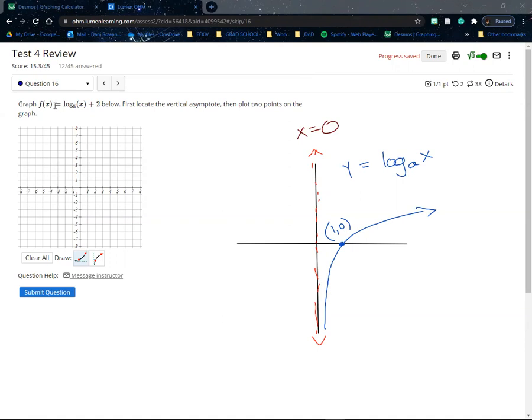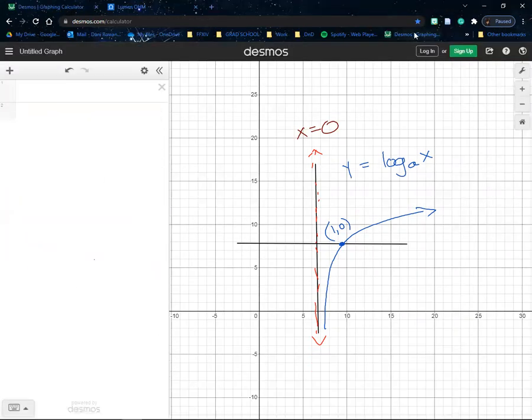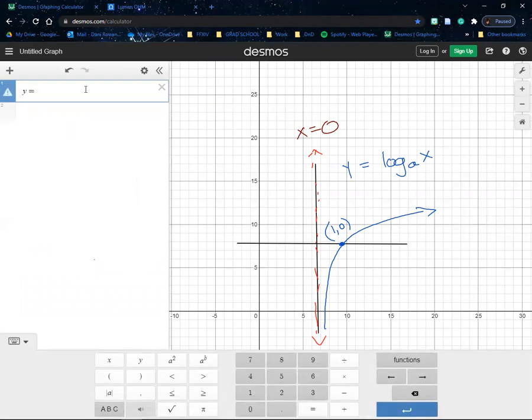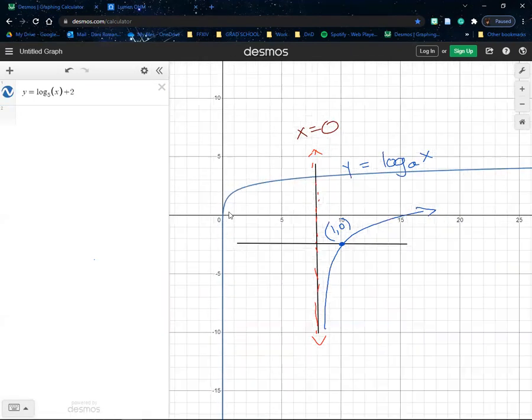Okay. So really quick, log base 5 of x plus 2. I don't really want to clear that, so I won't. Actually, I'm going to just do function. Base 5 of x plus 2. Okay, so here's our function comparison.